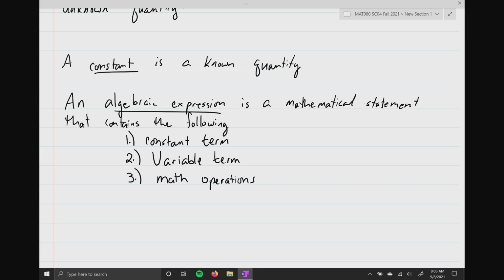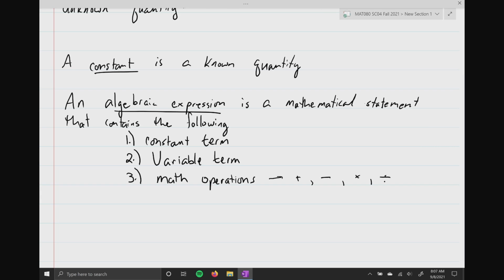Now, let's talk about what the constant, the variable terms, and math operations are. The easiest one, math operations. That's going to be add, subtract, multiply, or divide. You're definitely going to have stuff like that in there.